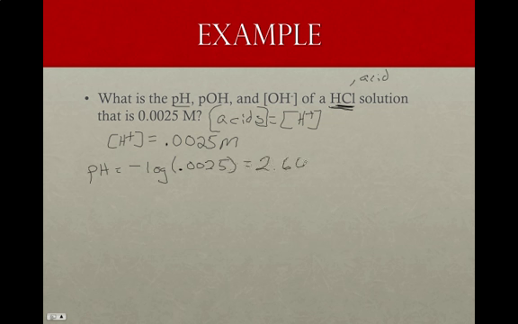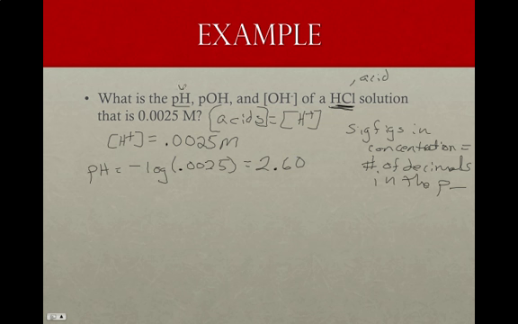So the way sig figs work with our pHs is the number of sig figs in the concentration are equal to the number of decimals in the pH or pOH. So because we have 2 sig figs here, means we have 2 decimal places in our pH. So now we've got our pH found.